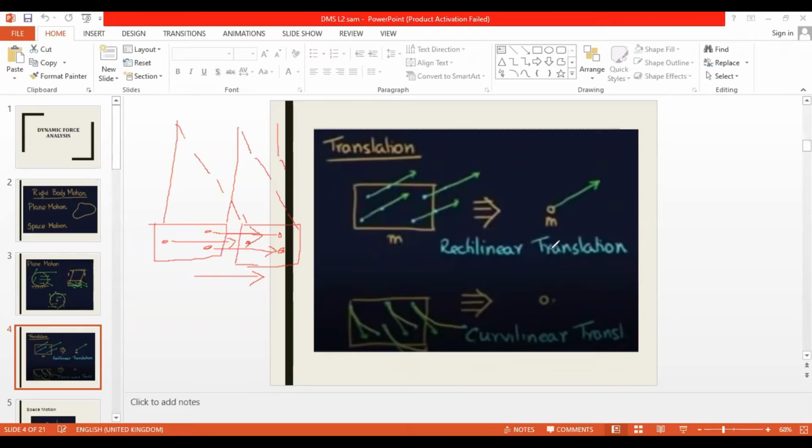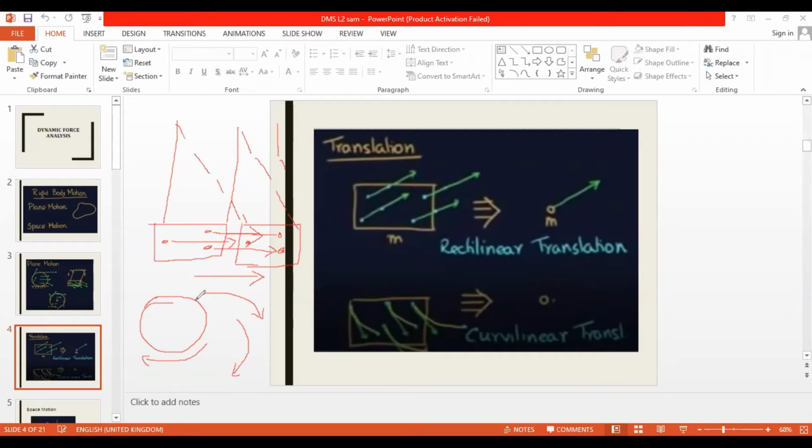rectilinear translation. We have another type of motion, that is curvilinear translation. In the first diagram, if you see the particles in this object, they have moved by some rotational angle. In such a case, we call this motion curvilinear translation.